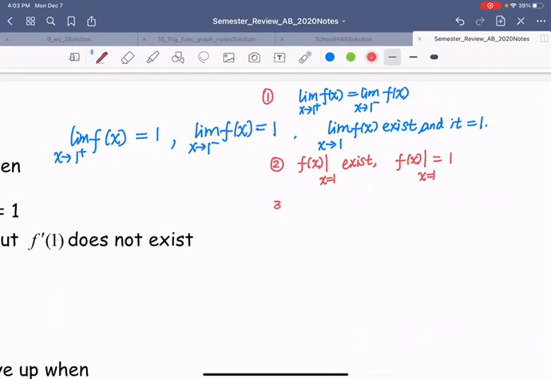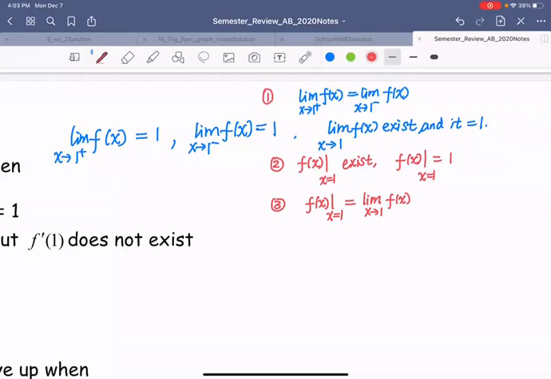Number 3. Both your limit at this point exists and your function at this position also exists. So the last step is to say f(x) at x equals 1 equals the limit as x goes to 1 of f(x).